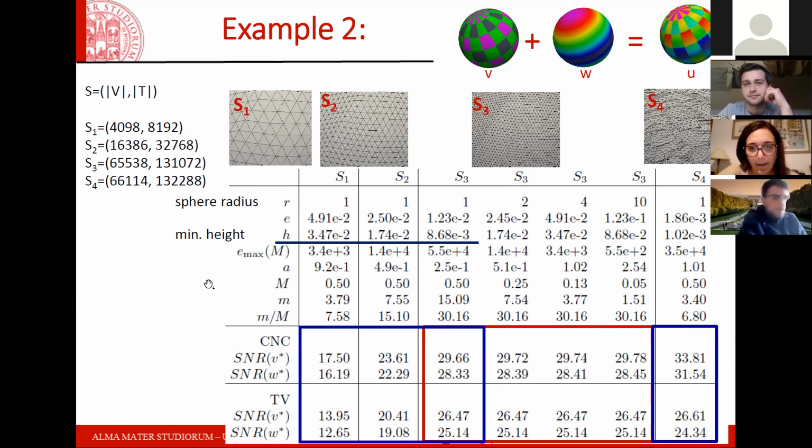Can I also continue with this argument, asking you one question? Maybe I understood this wrong, but a curiosity I have is this one. Is the refinement of the mesh somehow related to the texture you are going to find?